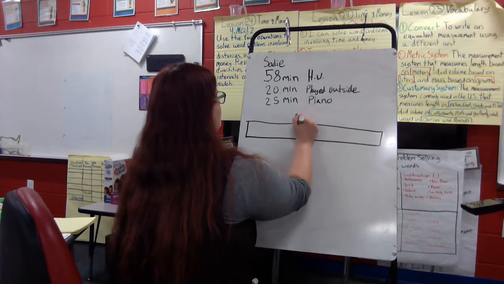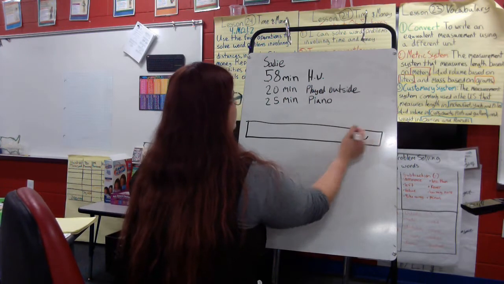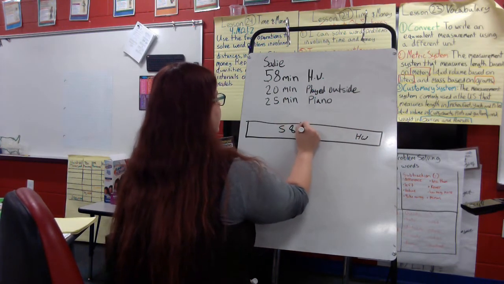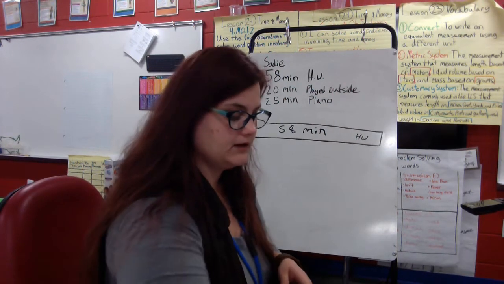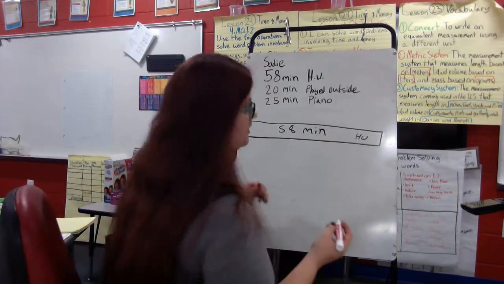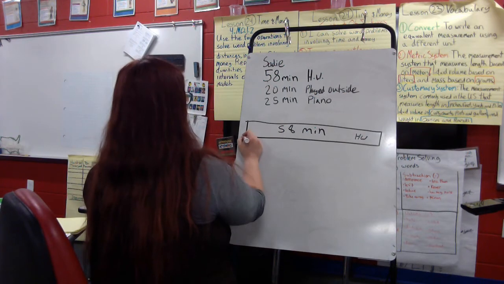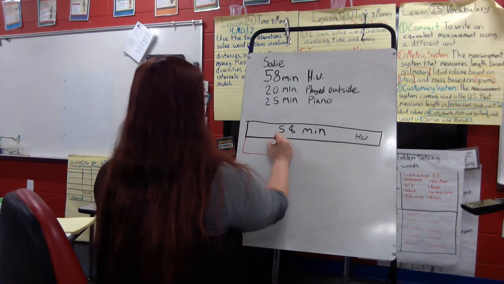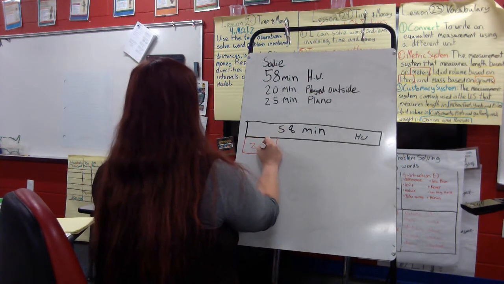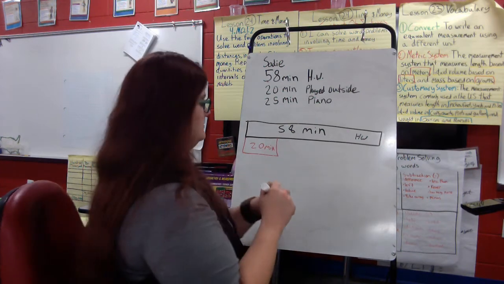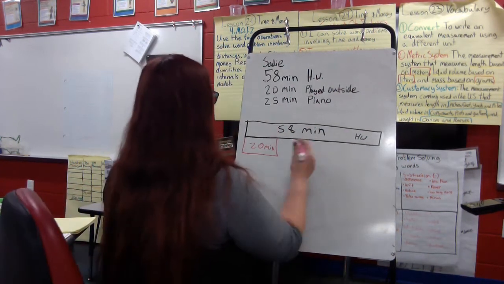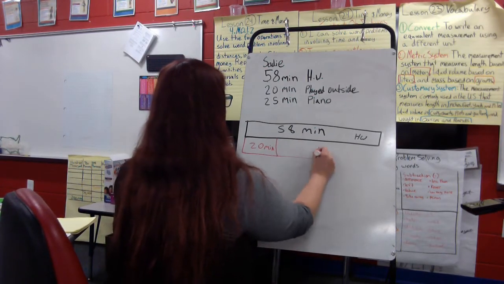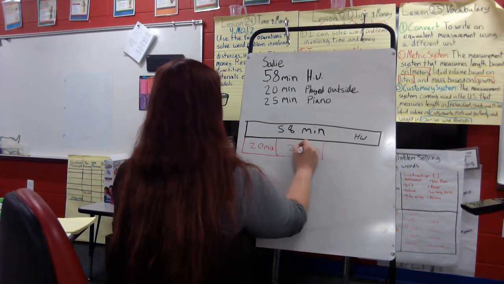So our homework, we did 58 minutes. For playing outside, we did 20 minutes. For playing piano, we did 25 minutes.